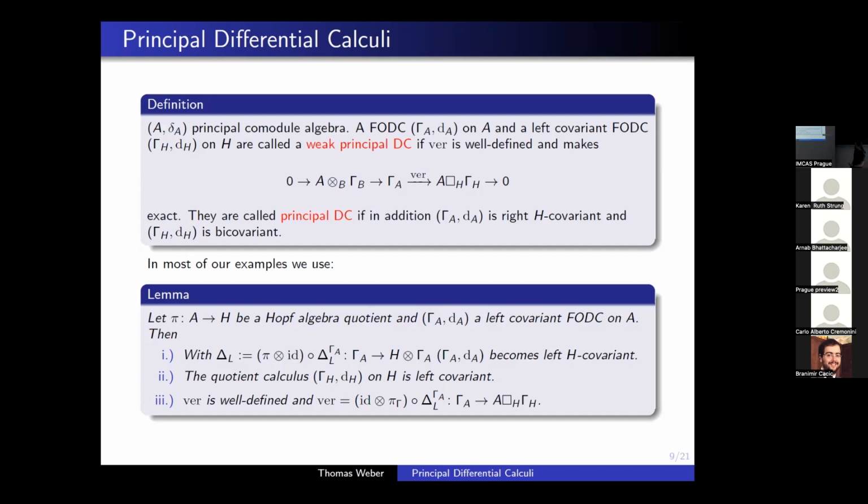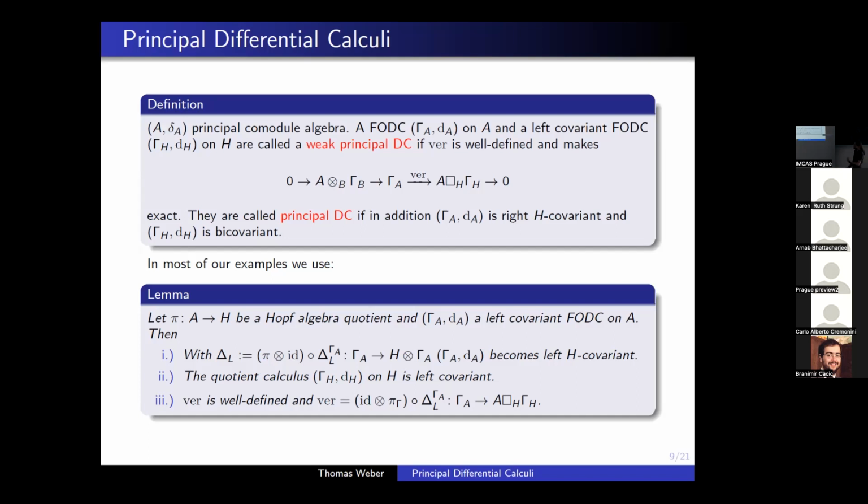then by the previous lemma, we saw that given a left covariant calculus on A, we can get a left covariant calculus on H as the quotient calculus. So this is what this lemma says, basically. First of all, this delta L means I can see the calculus on A as a left H covariant calculus simply by identifying the left A coaction as a left H coaction.